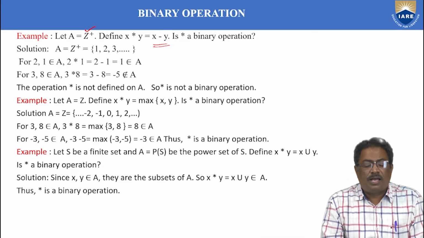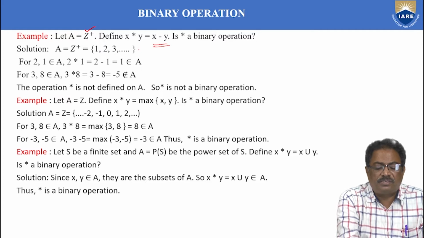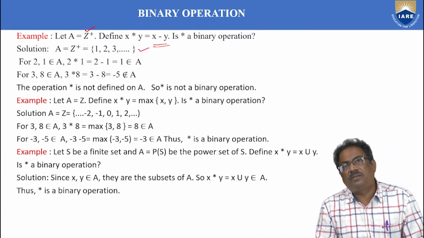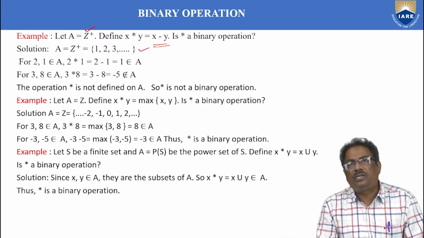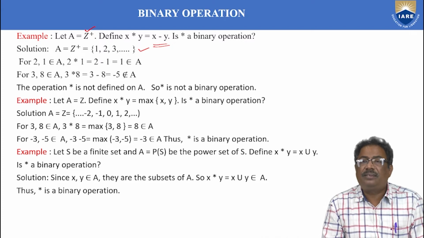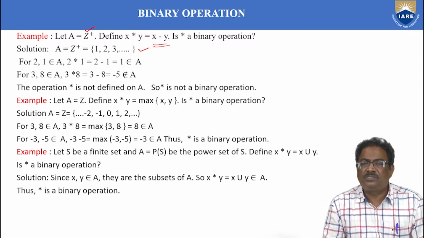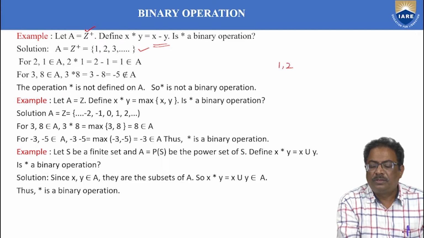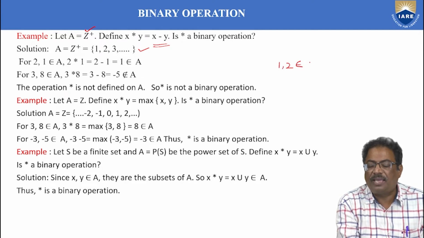Z plus means positive integers, so the elements in Z plus are 1, 2, 3 and so on. Now we have to consider any two elements from Z plus. I am taking 1, 2 belongs to Z plus.